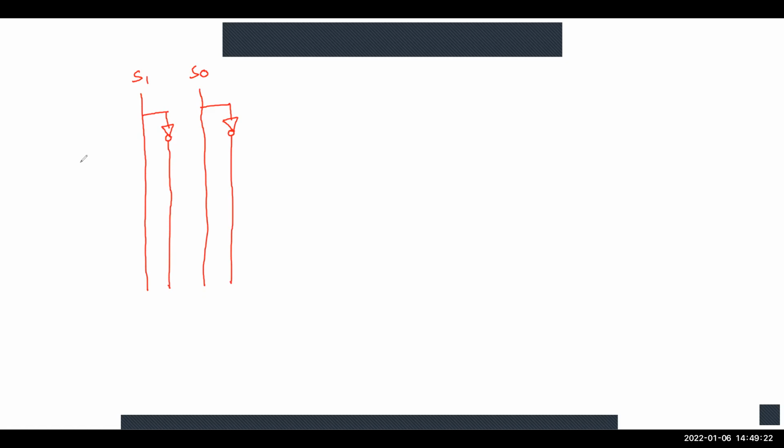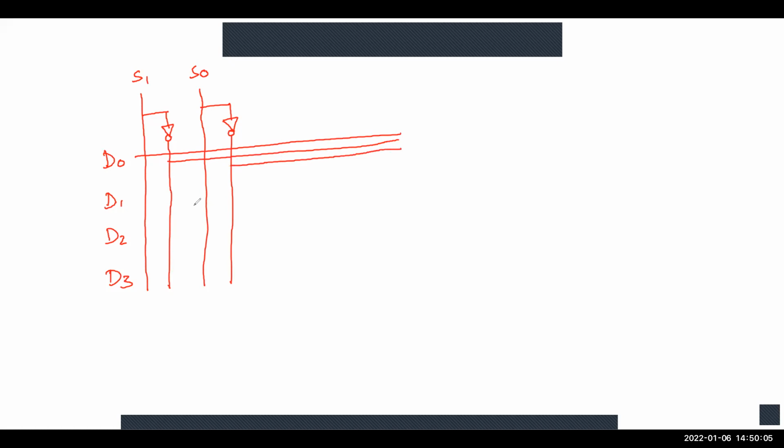Now we have 4 inputs. So this is D0, D1, D2 and D3. For the case of D0, the first expression was D0 S1 bar and S0 bar. So this is S1 bar and this is S0 bar.